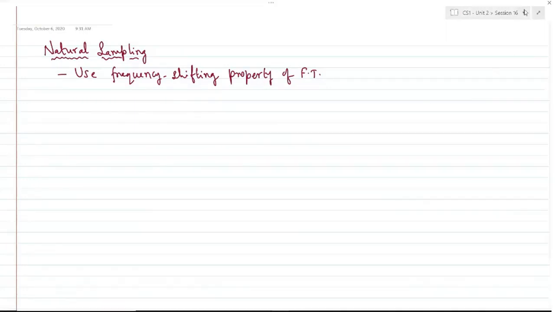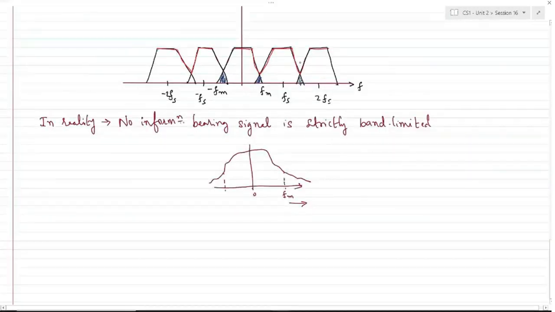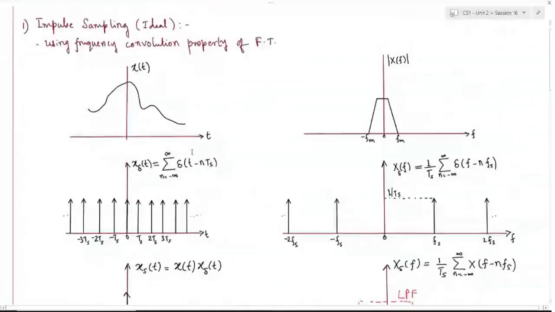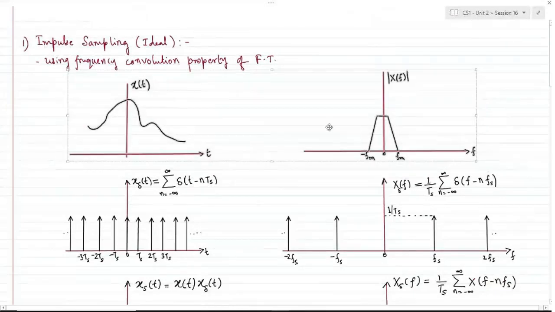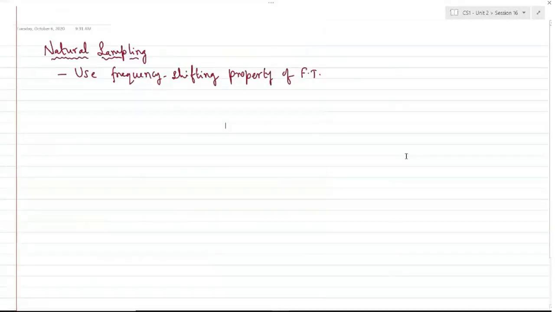If I pick the same diagram which I took earlier, these will remain as it is.